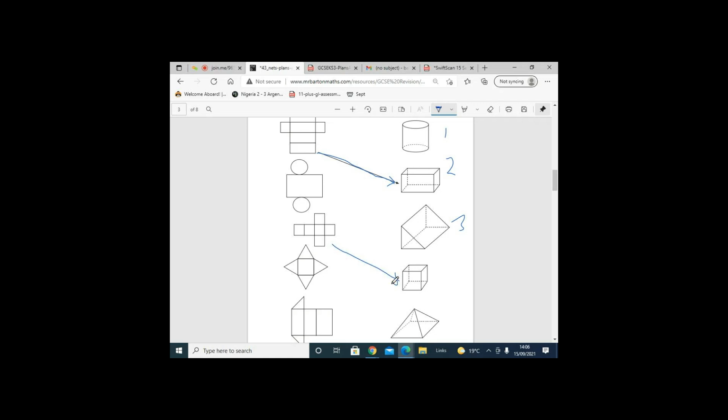Because it's the same size, equal size, and they have to be opposites of each other. Now, this is opposite of this, this is opposite of this, this opposite this. So that's why they match together.